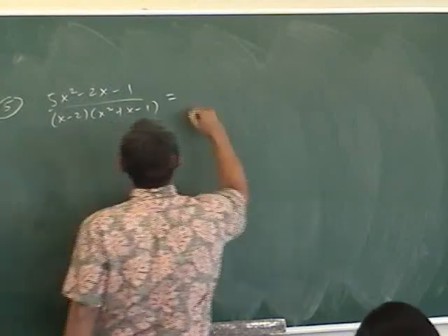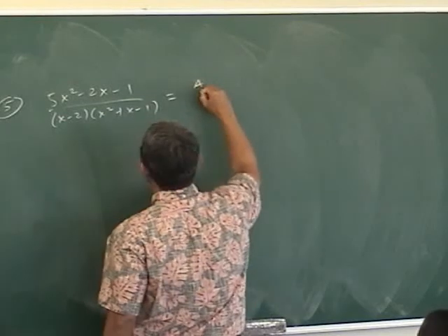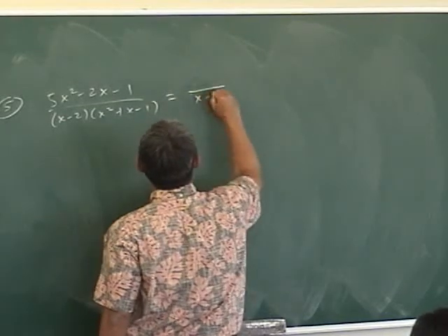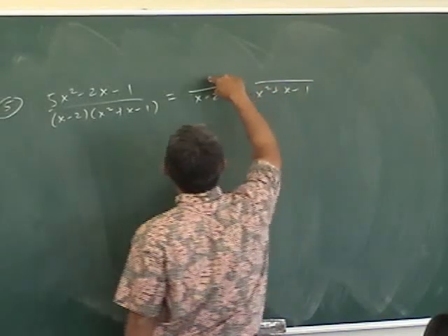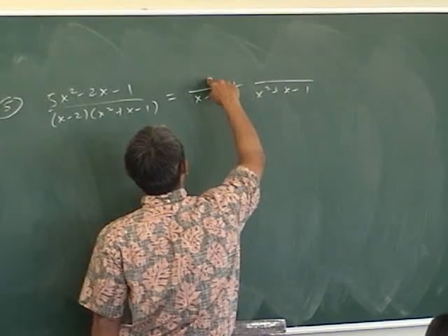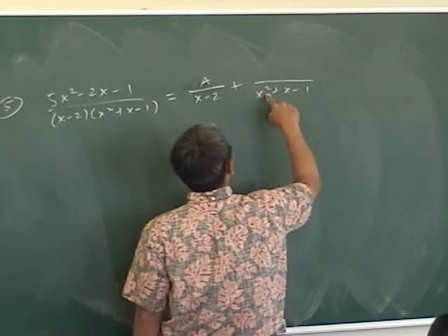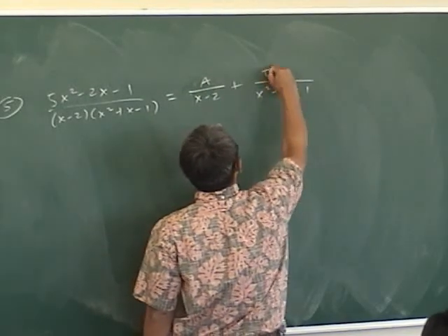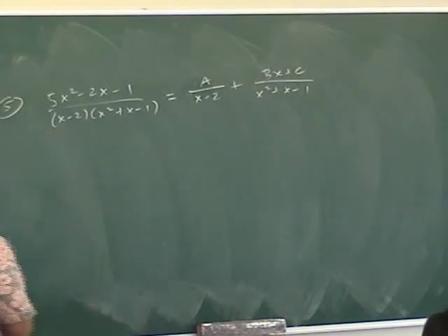Okay, here we go. What fractions added together will give you this as the LCD? Well, something over x minus 2 plus something over x squared plus x minus 1. What do I put up here? What goes here? A. What goes up here? Second power. Bx plus c. You don't have to use ABCs. You can use other letters if you want.